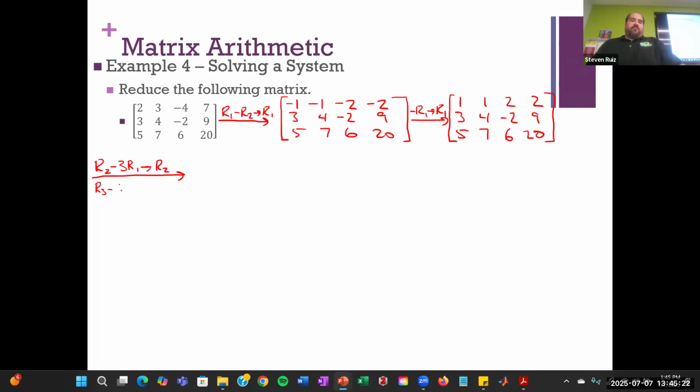Row 3 minus 5 row 1. All right, so row 1 didn't change. 1, 1, 2, 2. That better have happened. So row 2 minus 3 row 1, that should be 1, -8, 3.